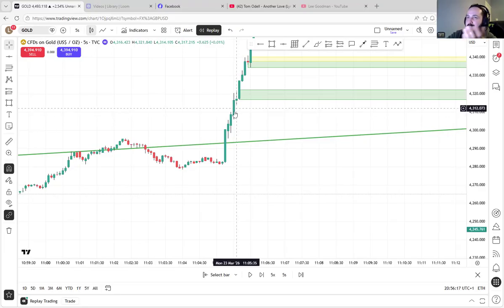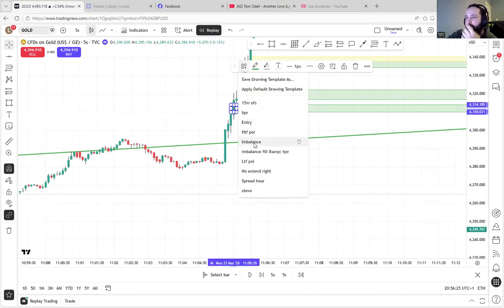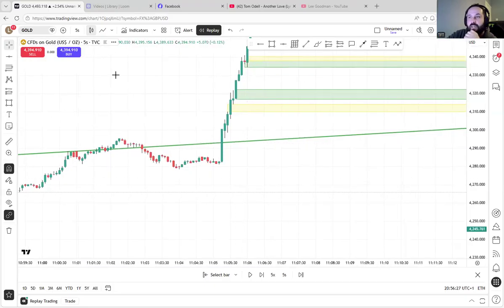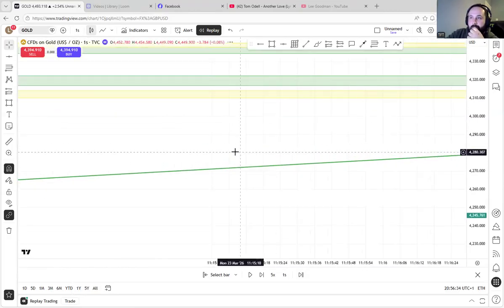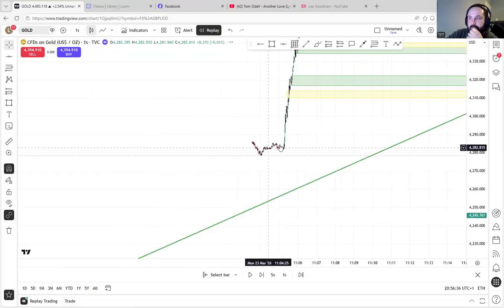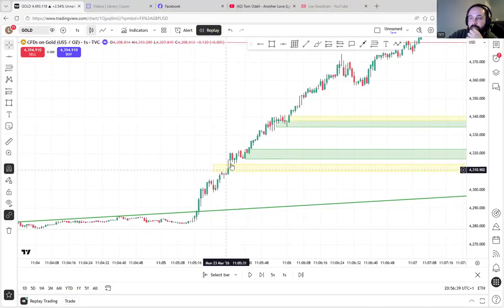See, that might be imbalance there between these two wicks. Possible imbalance there. Well, basically, once you get your break in your structure, and now obviously on the 5 second, this looks far better for an entry zone anyway. So yeah, once it's done its thing, I mean, it might come for this.